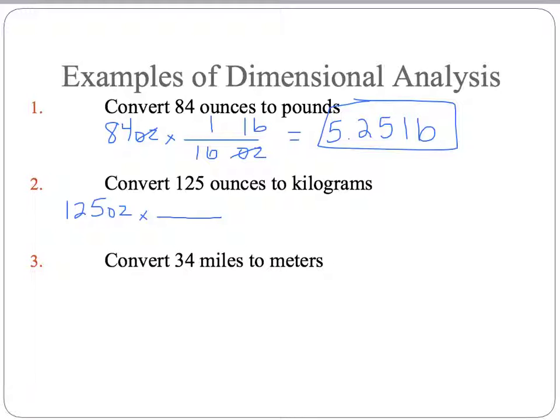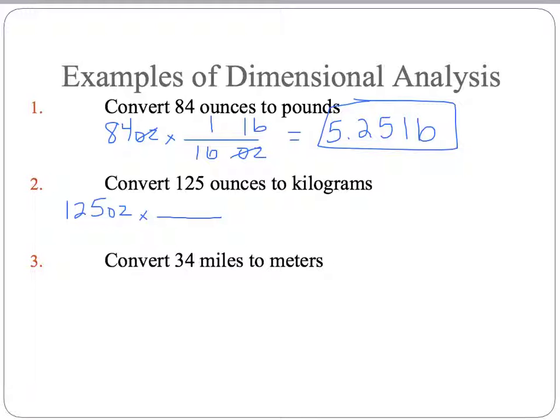If you take a look, there's not a conversion between ounces and kilograms, but if 16 ounces are in a pound, there are also 2.2 pounds in 1 kilogram. So there is a conversion that goes between ounces and pounds and kilograms. So if I get to pounds, then I can get to kilograms.